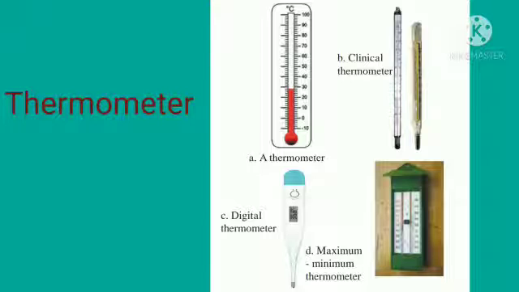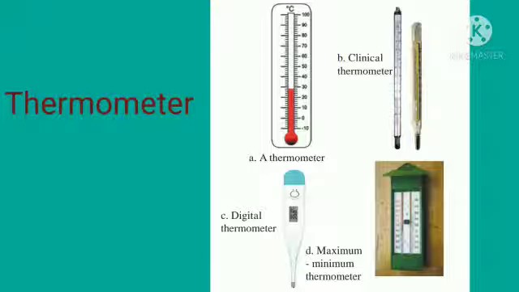Because of the increased temperature, the alcohol inside it expands and its level in the tube rises. Using the properties of the expansion of alcohol, the temperature can be obtained from the level of the alcohol, and the tube of the thermometer is marked accordingly.